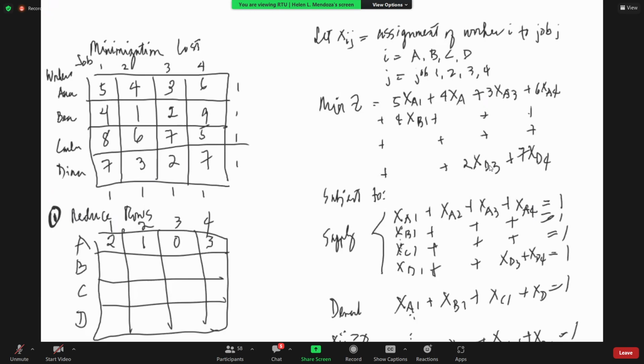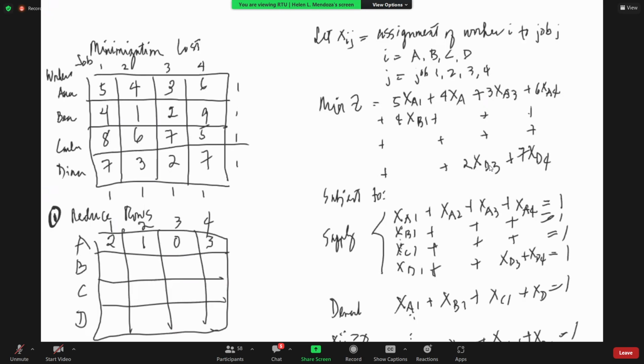Kung hindi makasunod, magtanong, no? So ulit, when we try to reduce rows, we look at the value of that particular row and scout for the smallest of the values. For instance, row A, we have 5, 4, 3, 6. Of the 5, 4, 3, 6, the smallest of the value is 3.